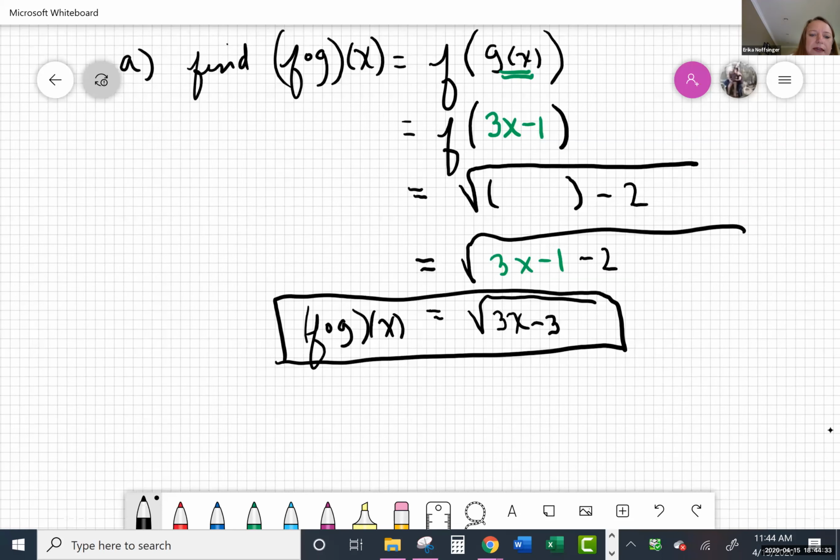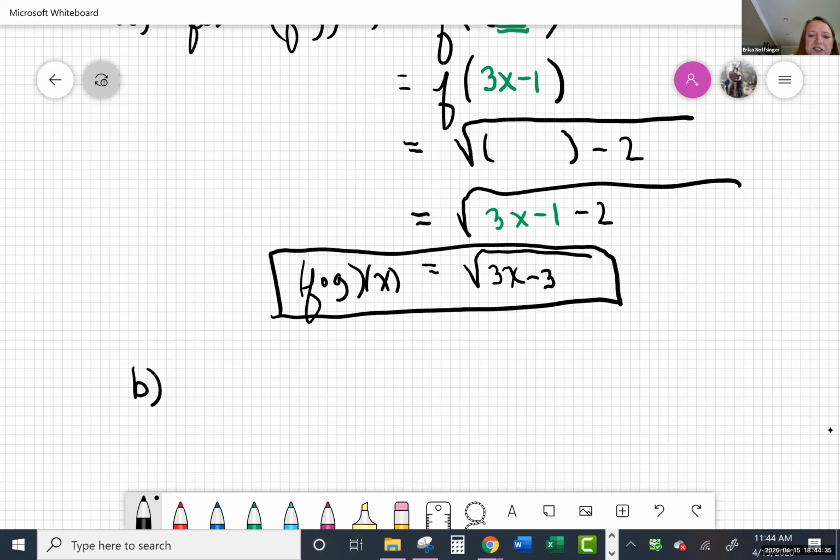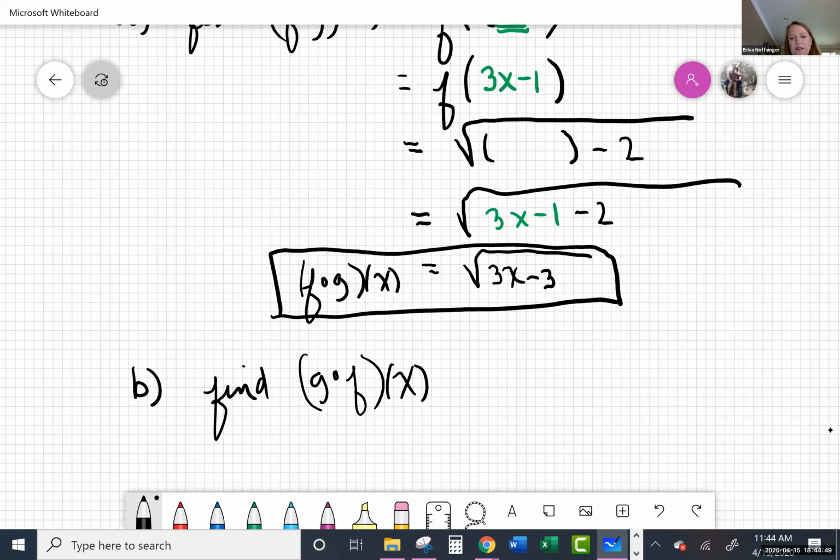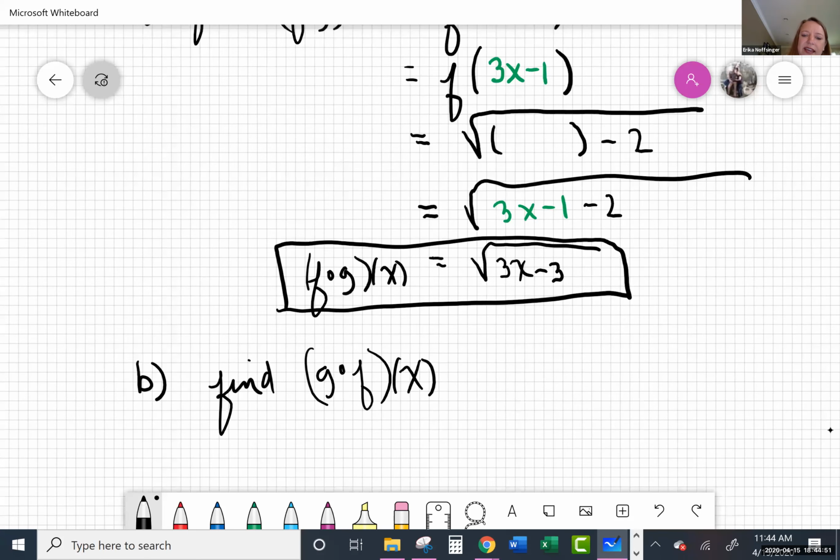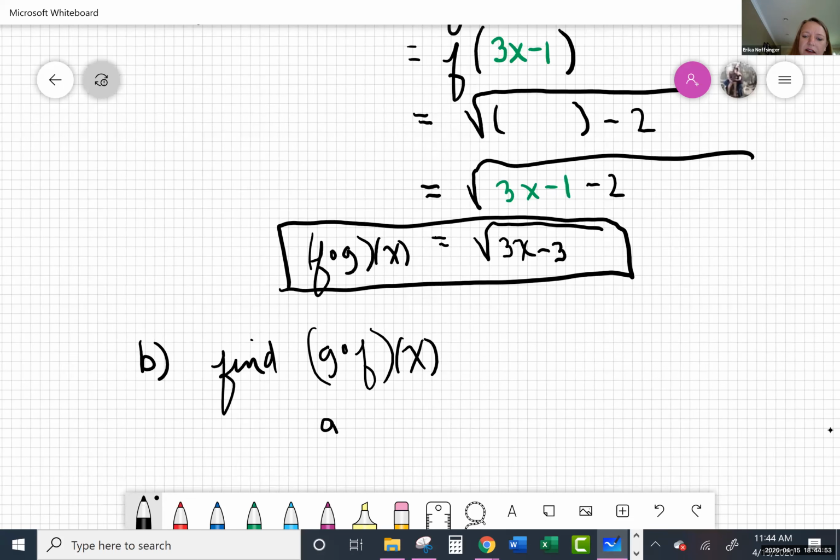So part B, if it wanted g of f of x, find g of f of x. So this is saying we're going to take our equation f of x and plug it in wherever we see an x in g of x.